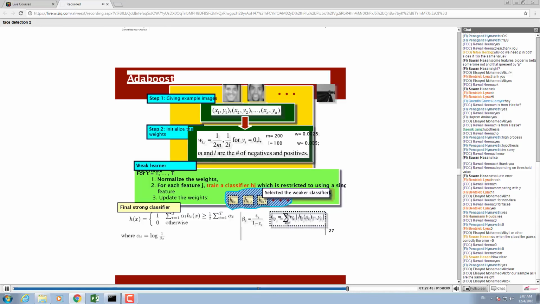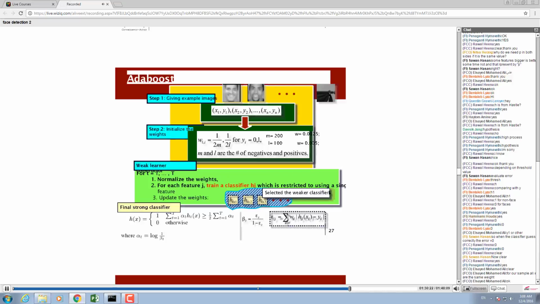Okay, slide 27. This diagram is showing the details. Until now, we have discussed the error calculation step. This shows every step of the algorithm in detail. Here we can see how we initialize weights and how we update weights. First step, we are given example images, sample images x, comma, y.